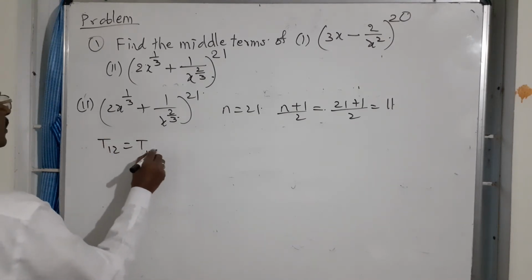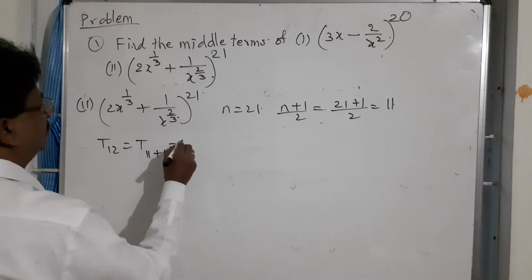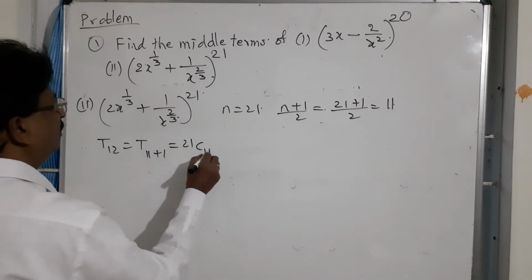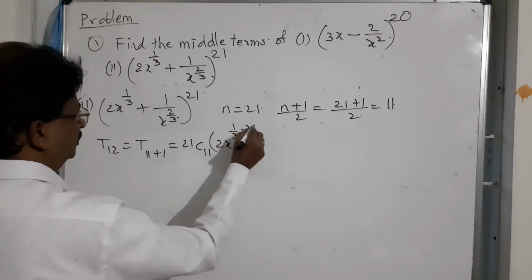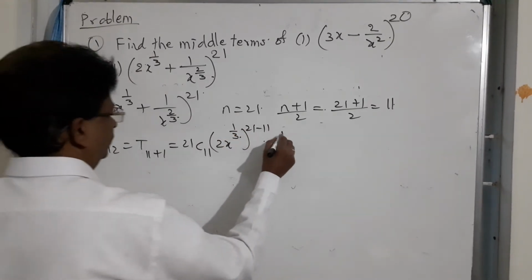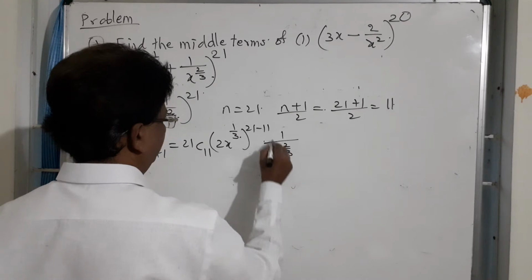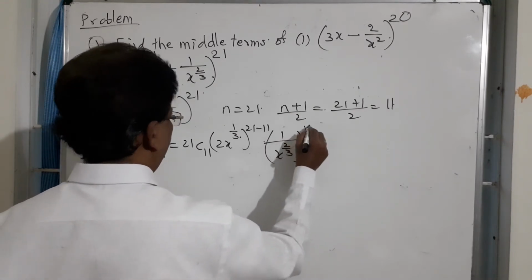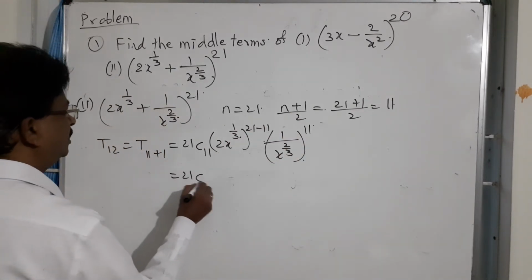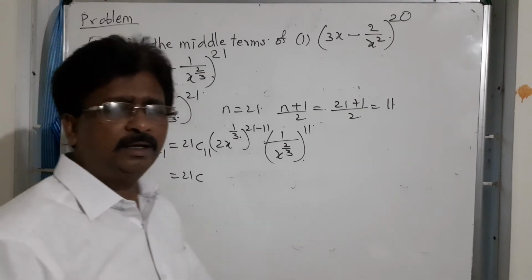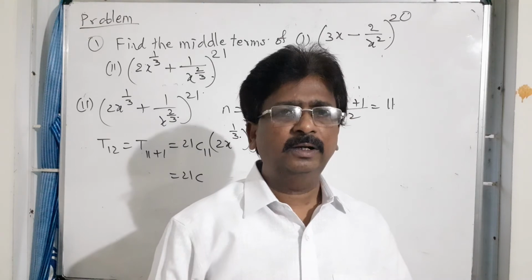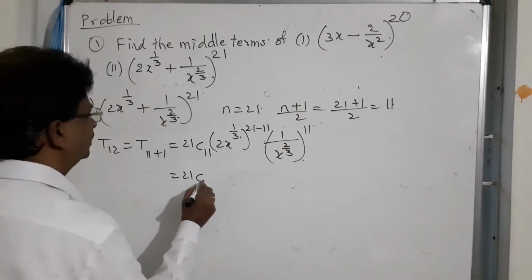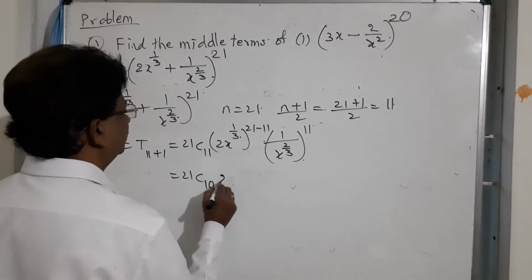T12, T(11+1), is 21C11 into (2x^(1/3)) whole to the power of 21 minus 11, into (1/x^(2/3)) whole to the power of 11. 21C11 also can be written as nCn minus r form, that is equal to 21C10. 21C10 into 2 to the power of how much?